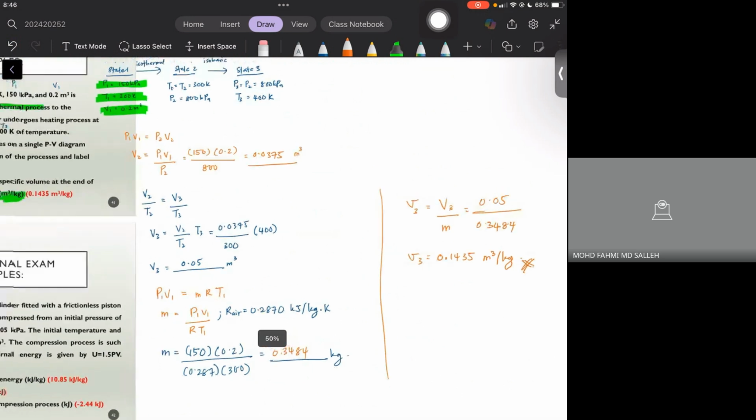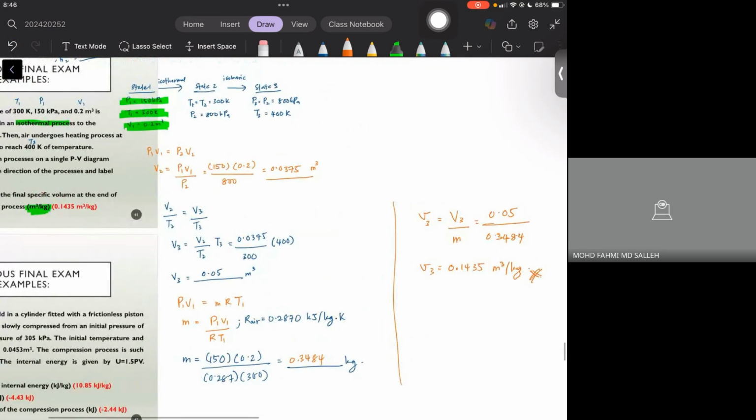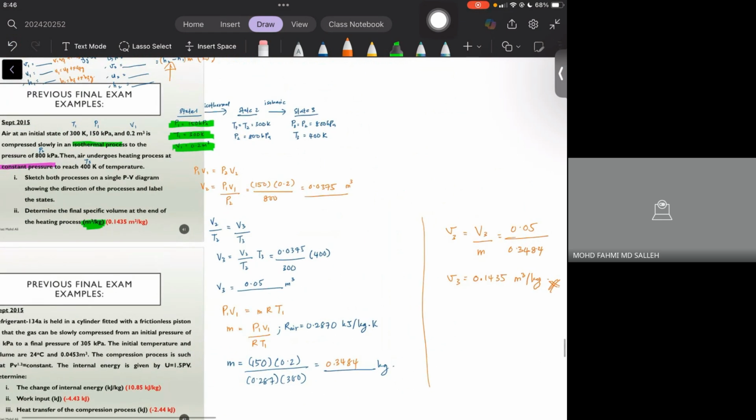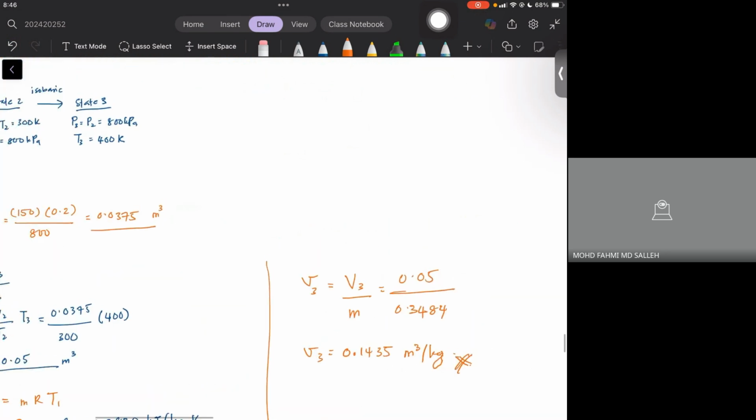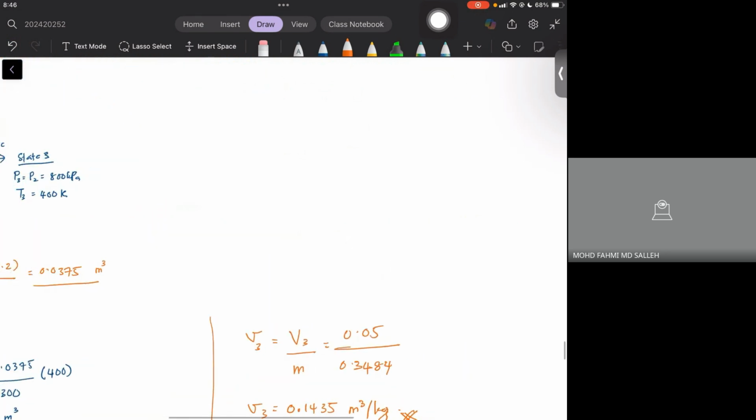So for item number 2, we already completed it, and we have obtained the specific volume at the end of the heating process, which is at state number 3. Now let's draw or sketch the PV diagram that represents the two processes involved in this particular question.